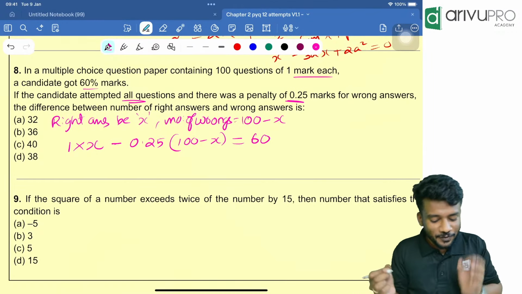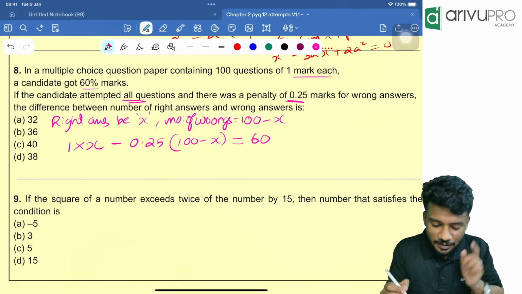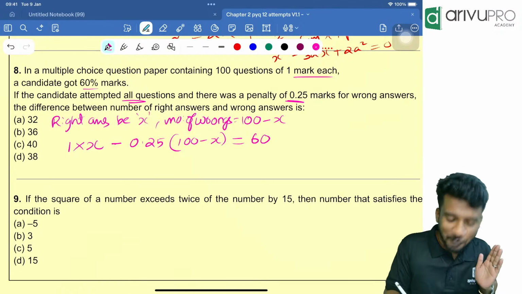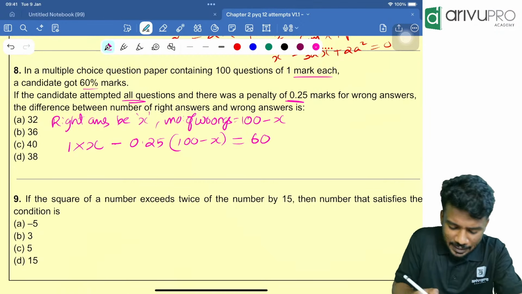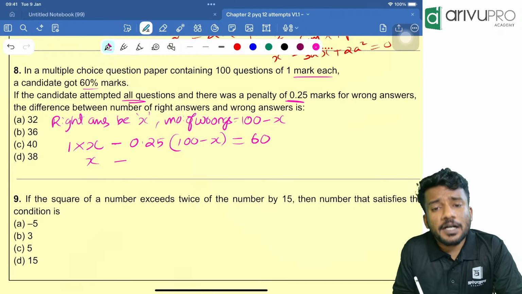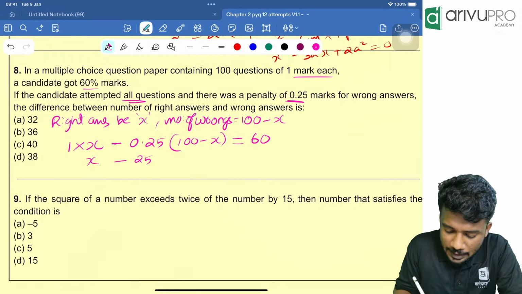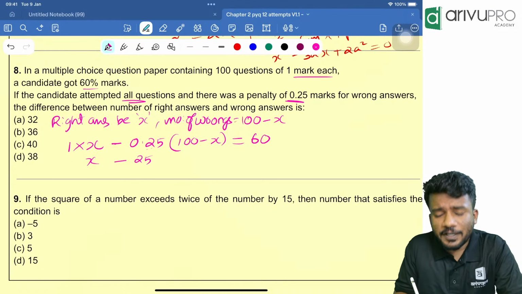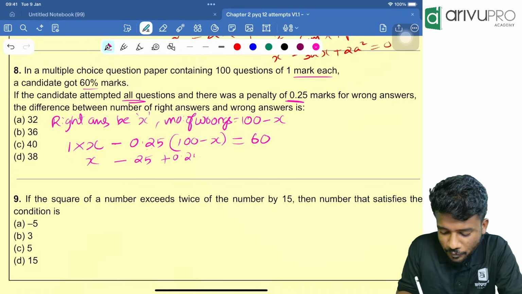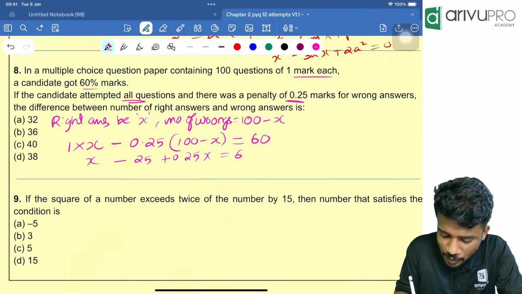60 marks. So we need to find the x first, then we need to find the difference between number of right answers and number of wrong answers. Now x minus 0.25 into 100 is how much? 25. Then minus 0.25 into minus x is plus, so plus 0.25x, which is equal to 60.